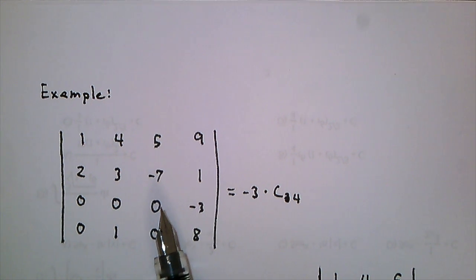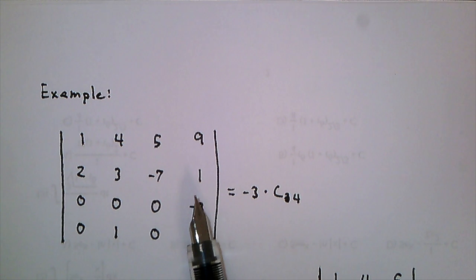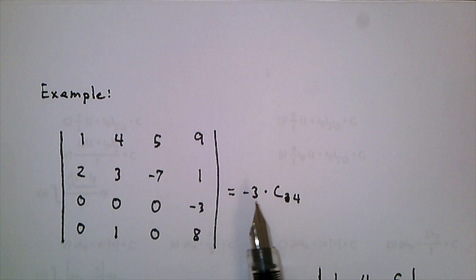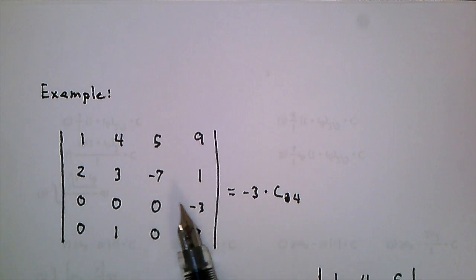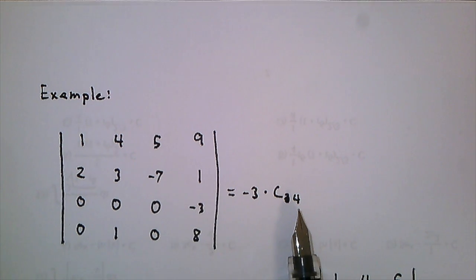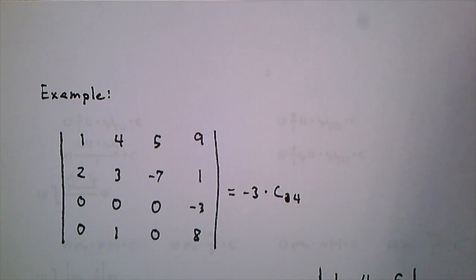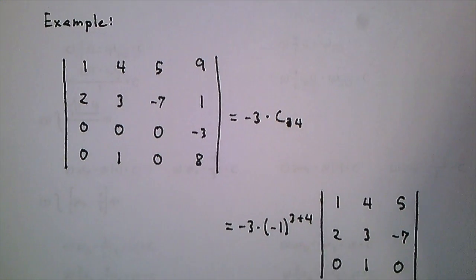So none of these three elements is going to contribute anything. The only element in this row that contributes anything to our determinant is the minus 3. So we need minus 3 times the cofactor that corresponds to it. And this is the third row, fourth column. So this is the C34 cofactor. So next we need to actually find that cofactor.